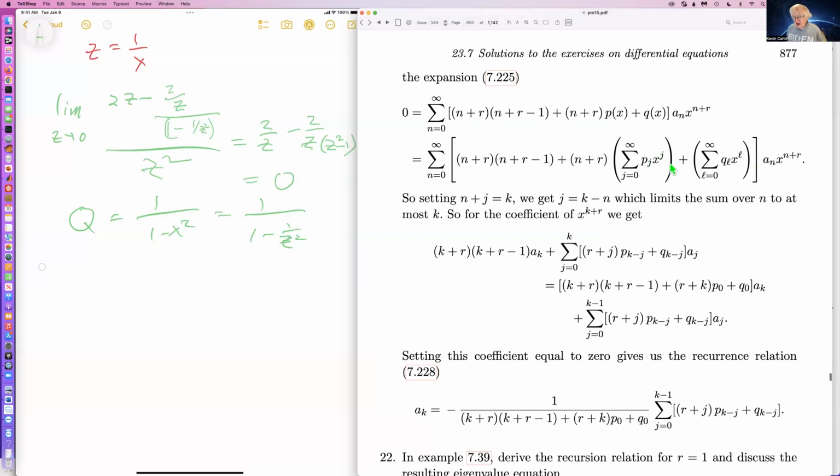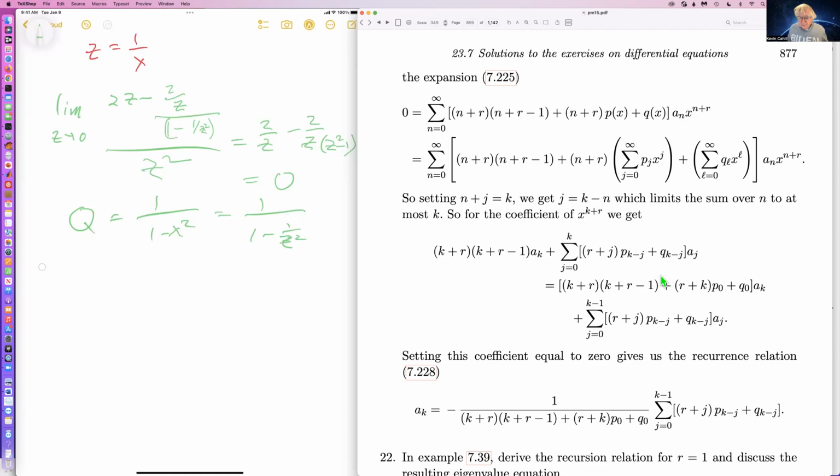Now you want to require that the coefficient of every power of x vanishes. So you have to massage the equation so that everything is multiplied by the same power of x, and then you take that factor and set it equal to 0.